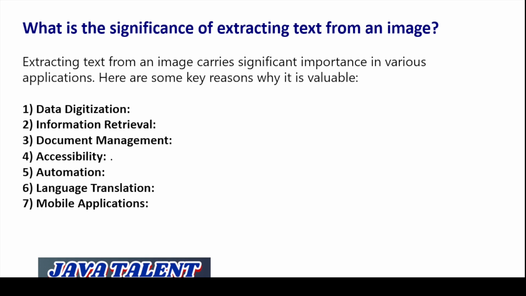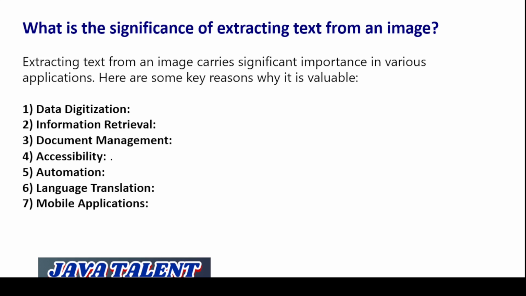For example, data digitization: we can convert non-editable content into a digital format, into text format, and then make it searchable, editable, and suitable for further analysis. For information retrieval, OCR offers extraction of relevant information from images, which is mostly useful for textual data, such as scanned documents, photographs, and screenshots.